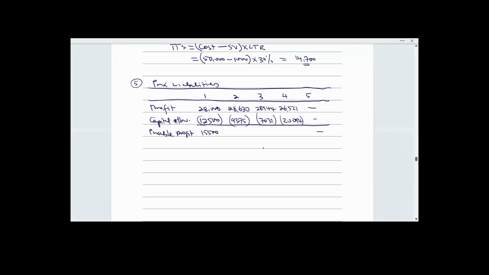At least we should be able to complete NPV. So we'll do the remaining one later on. 28,630 minus 9375 equals 19,255.